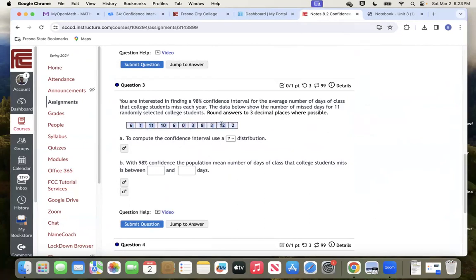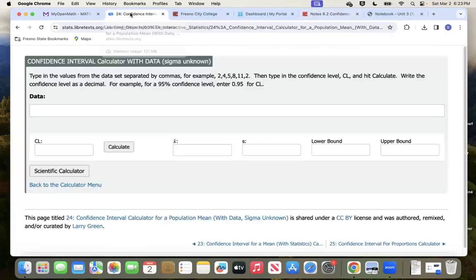You highlight the data, then hold down Command if you're on a Mac or Control if you're on a PC, and hit C for copy.